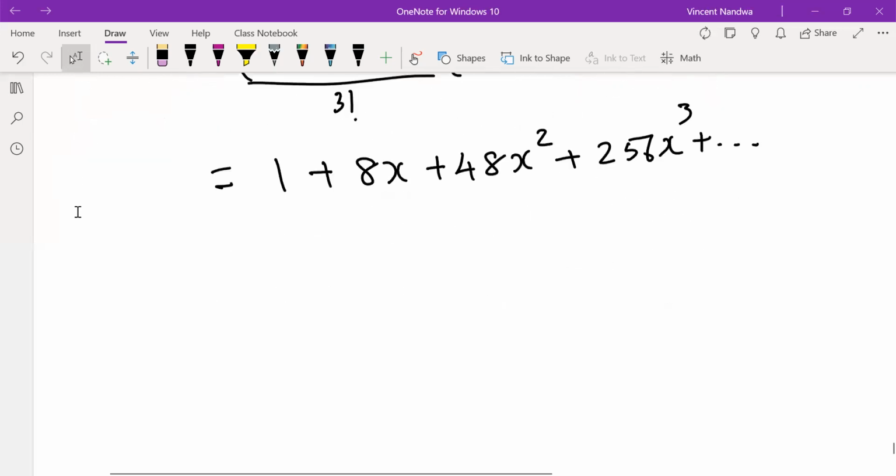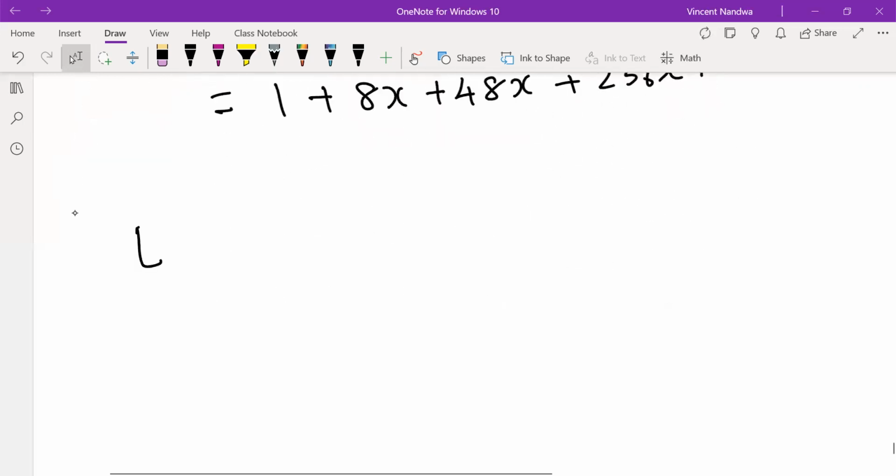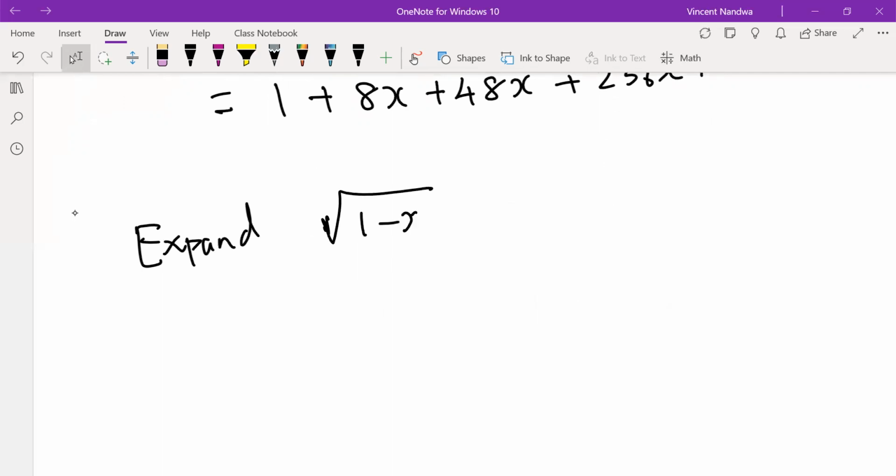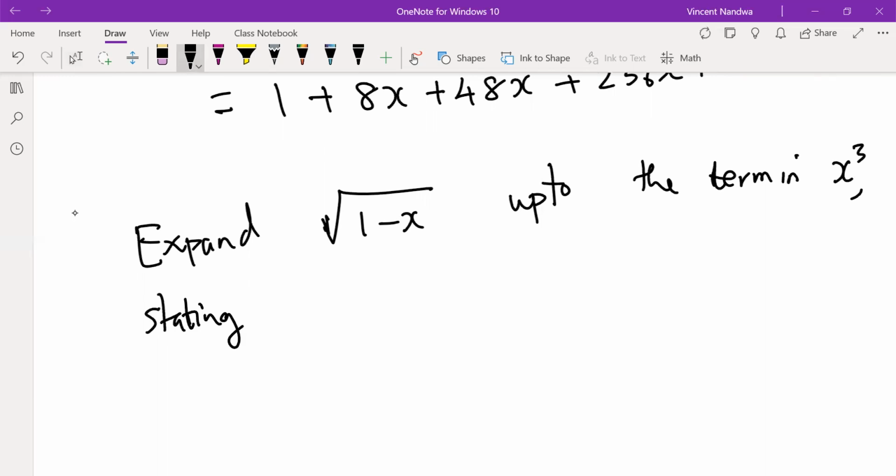And then next, expand square root of 1 minus x up to the term in x power 3, stating the value for which the expansion is valid.